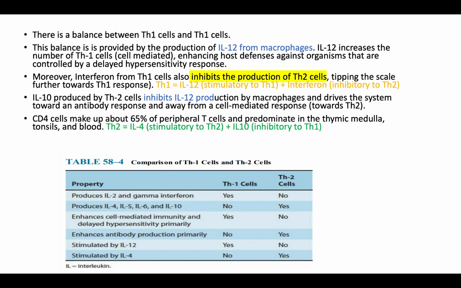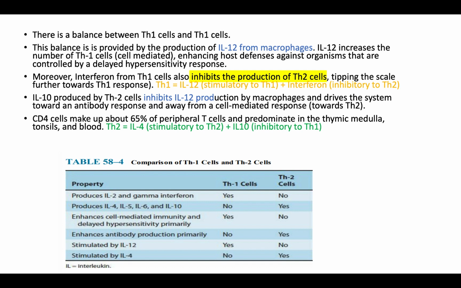And the interferon from these cells tries to inhibit the other side. So what does that mean? If I am working as a macrophage on the TH1 side, I will inhibit the other side with interferon, and I will promote my own side with the normal stimulatory signal, which is interleukin 12.